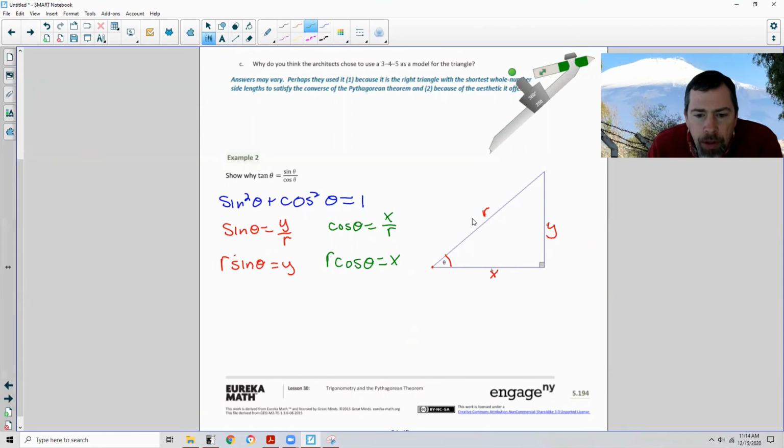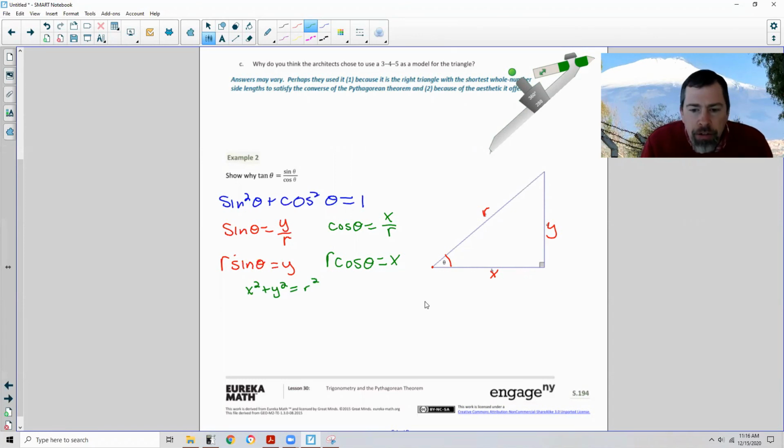Okay. And then tangent is going to be, well, before I get to tangent. Okay, so since Y is equal to R sine theta, then when I say A squared plus B squared equals C squared, we're actually saying X squared plus Y squared equals R squared. Well, X is right here. So let me start with that. X squared plus Y squared equals R squared.